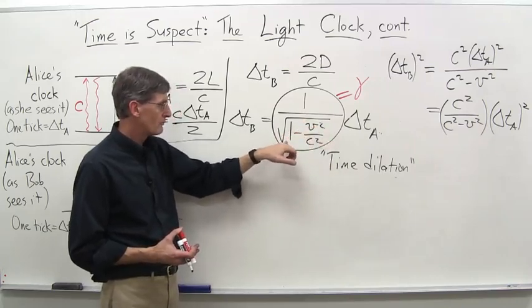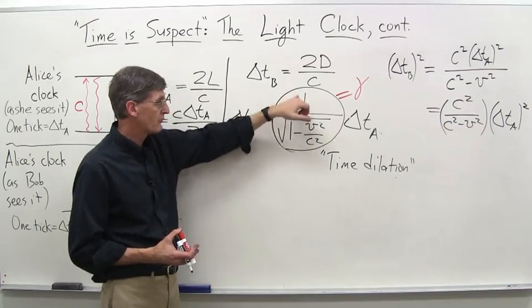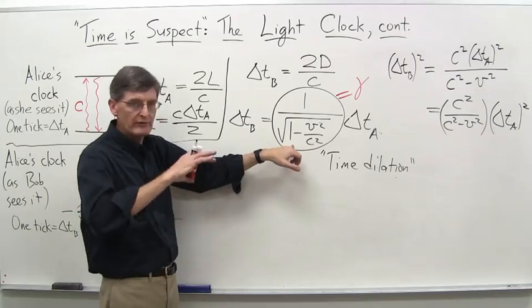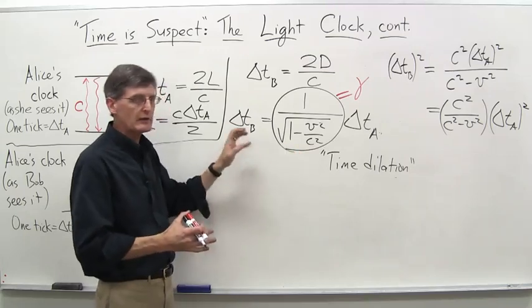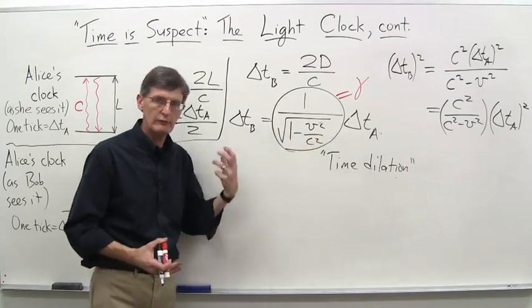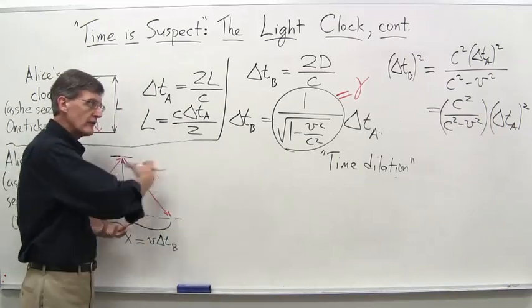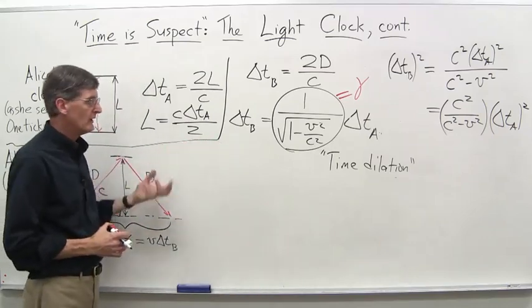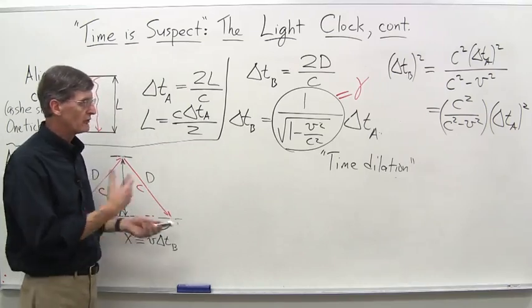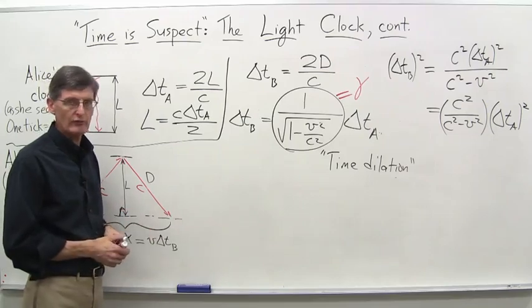The square root is pretty much the square root of 1, so 1 divided by the square root of 1, maybe just slightly different, but the difference is so slight that for all practical purposes delta TB equals delta TA, and we don't observe that effect. But when you get the speeds up closer to the speed of light, then this time dilation business comes into play, and we'll want to explore that a little bit more as we proceed.